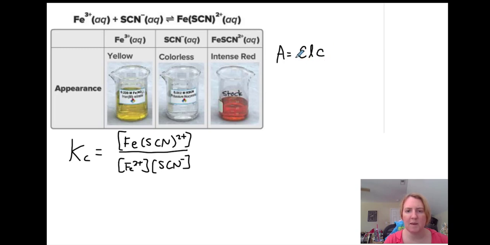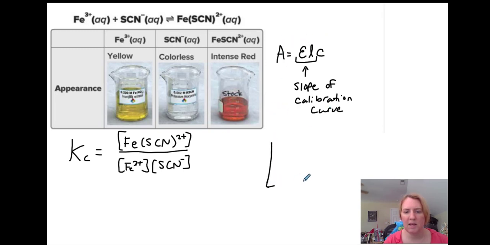And then this absorptivity times the path length is going to be what we find as the slope of the calibration curve. So when we plot several different concentrations versus their measured absorbances, we get our calibration curve here.